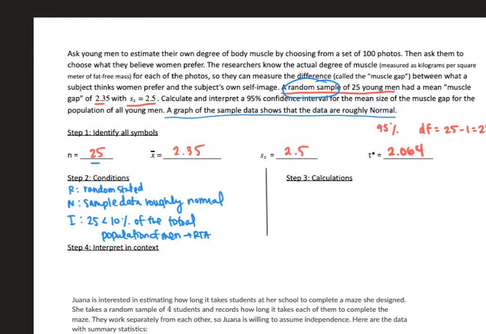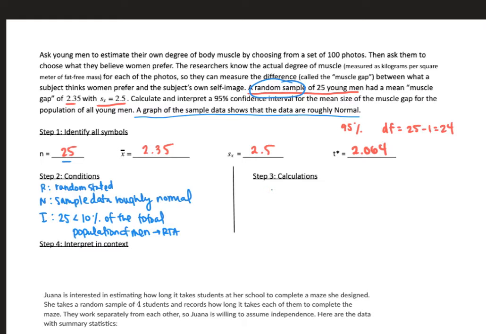All right, now with calculations. To do our calculations, we're doing x bar plus or minus t star times the standard deviation, which is sigma over the square root of n, or in this case, since we're given the standard deviation as s, the sample standard deviation, this is going to be s over the square root of n. And we're just going to plug in what we know.